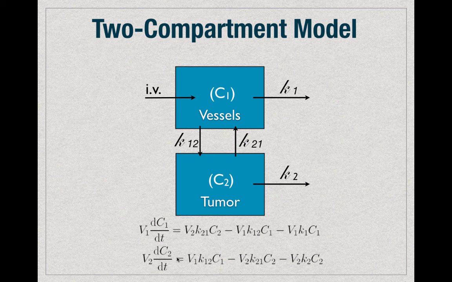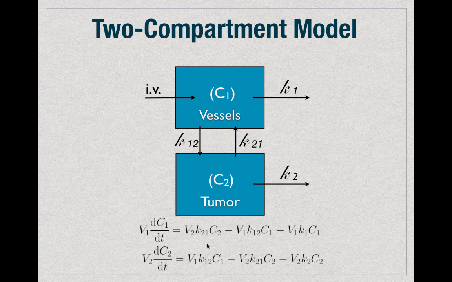So the second compartment concentration over time equals V1 K12 C1, minus V2 K21 C2, which is the term for what's leaving the second compartment, minus V2, the elimination constant, C2.